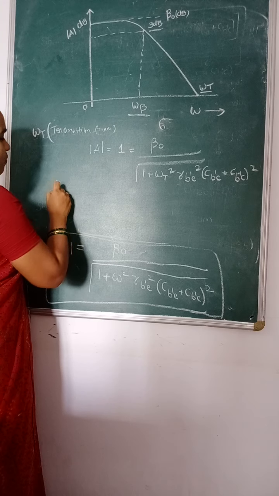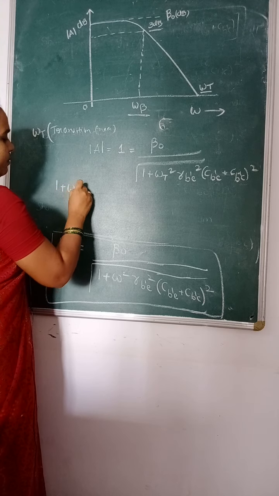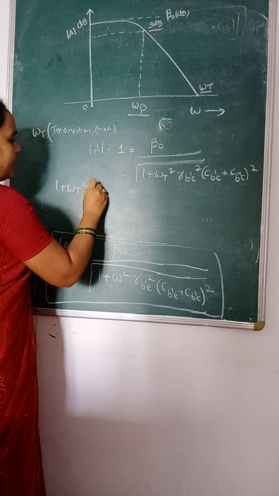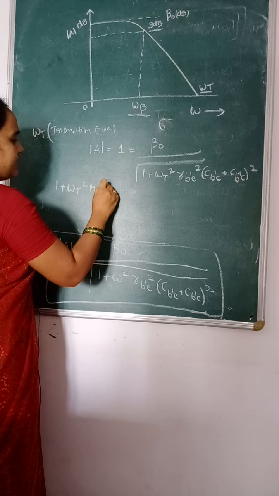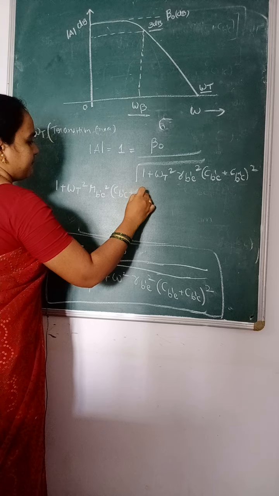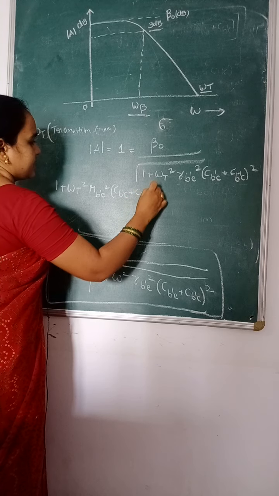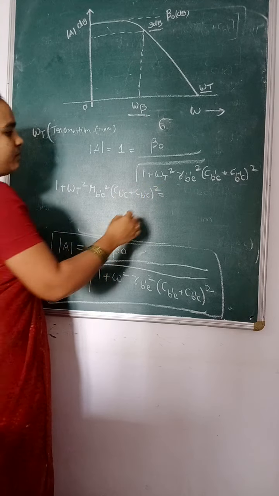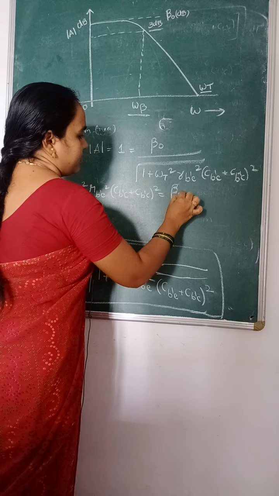Then 1 plus omega T square r_b'e whole square into (C_b'e plus C_b'c) whole square is equal to beta naught square.